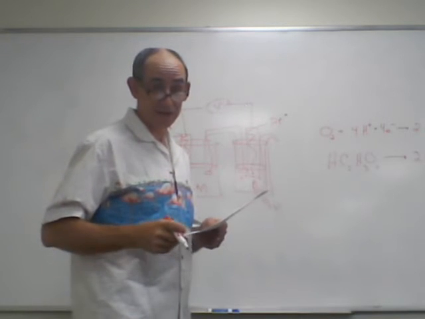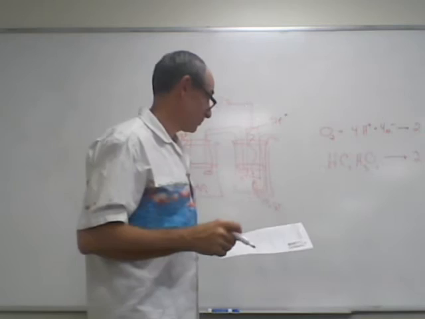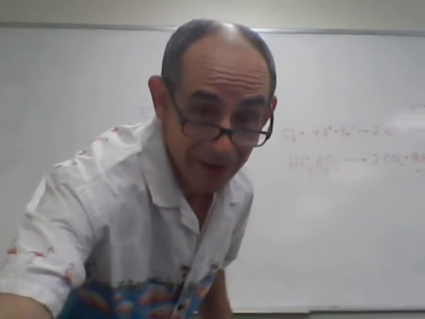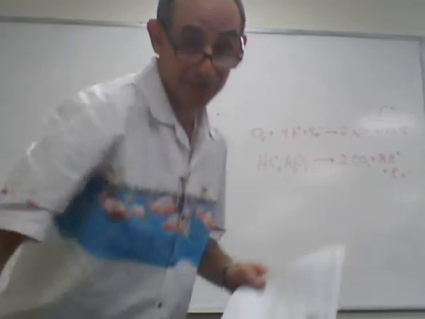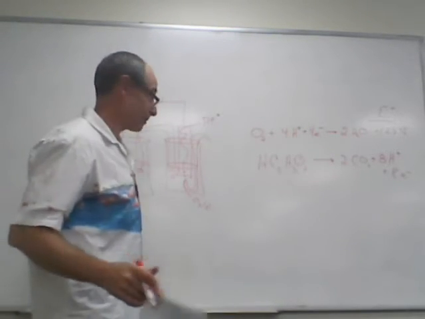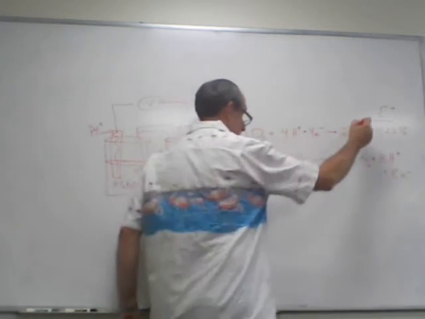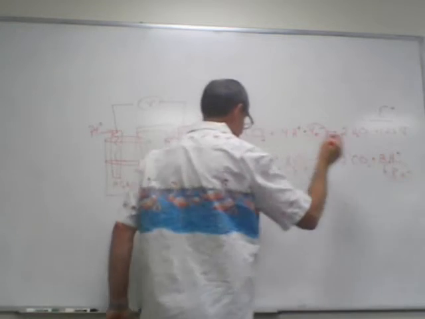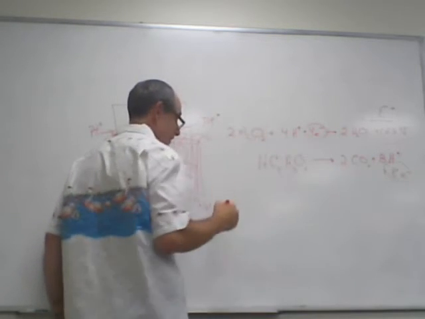And then the second step is going to be to make sure the total number of electrons lost and gained match up. So we've got 4 electrons there and 8 electrons there, so we'll multiply this by 2.